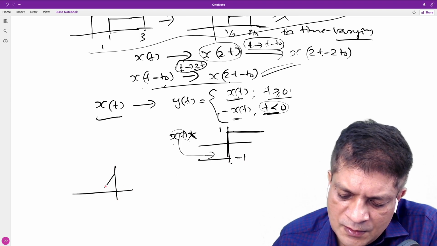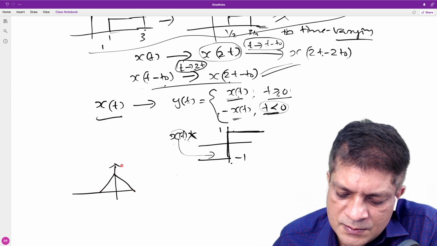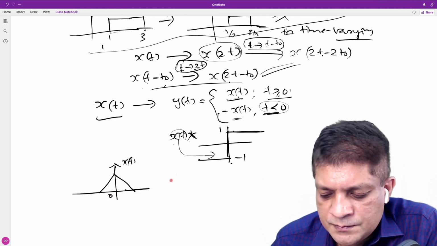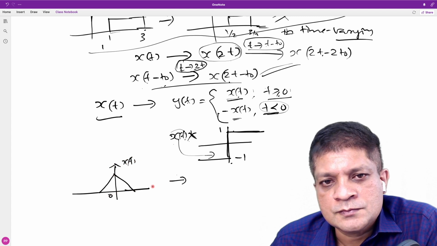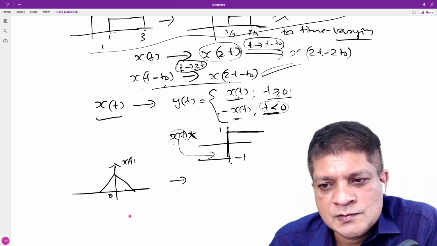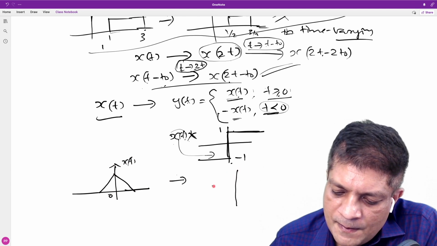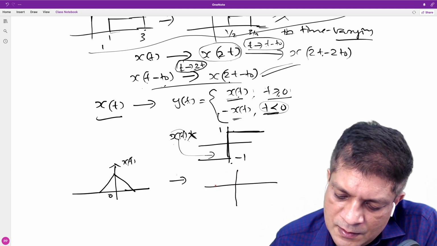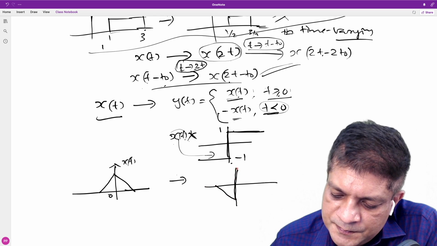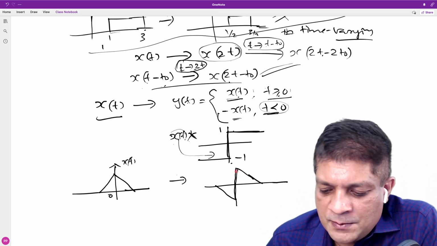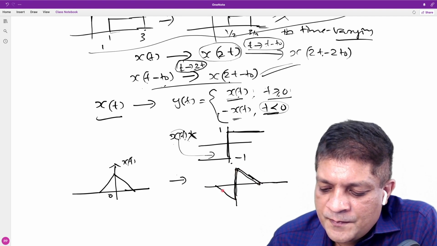Okay, let us consider an example. Let's say you are giving this as the input to the system, this is x(t). What will be the output? The negative part will be flipped. Is it this? Yes, forget about the discontinuity.